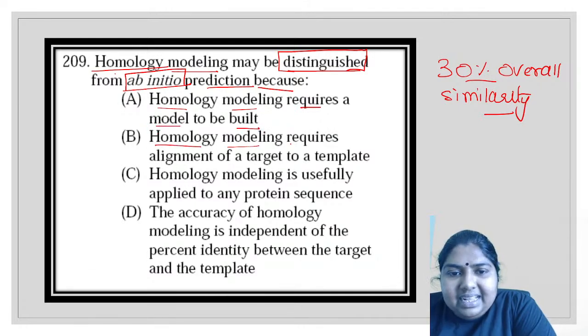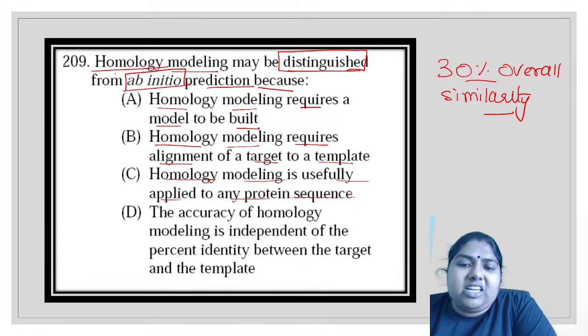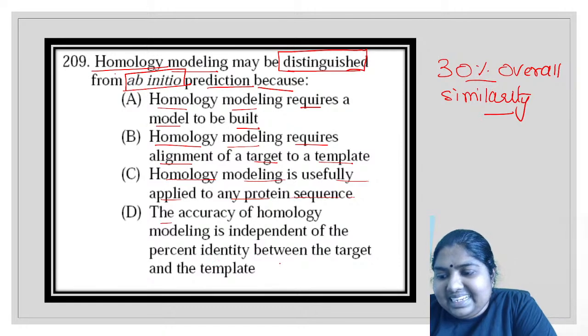Homology modeling requires alignment of target to the sample or a template. Homology modeling is usually applied to any protein sequence. The accuracy of model is independent of the percentage identity between the target and the template.